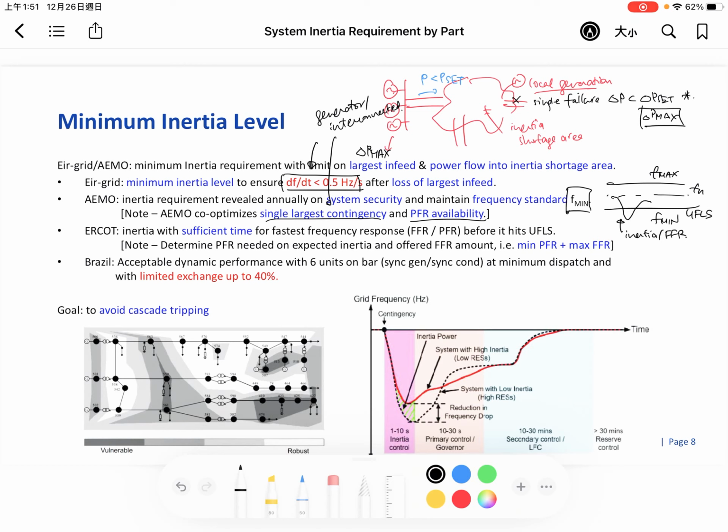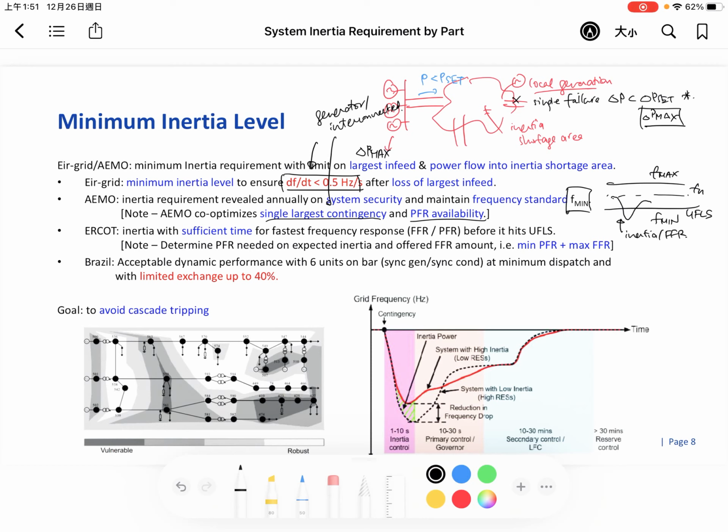Because it is a market, you don't know how much primary frequency reserve is available in the market. If it is plentiful, you can buy it all, even if it is expensive. But if there is a scarcity of primary frequency reserve, then you can't buy it anyway, and then you need to limit the contingency size.